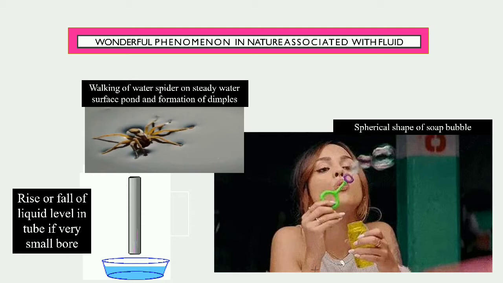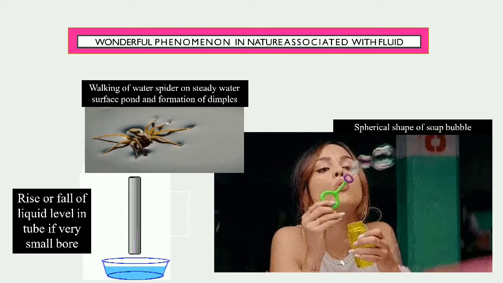In real life we observe certain wonderful phenomena in nature. For example, a small insect can walk on the still surface of water. That is, when water is at rest, a small insect can walk on the free surface of water.